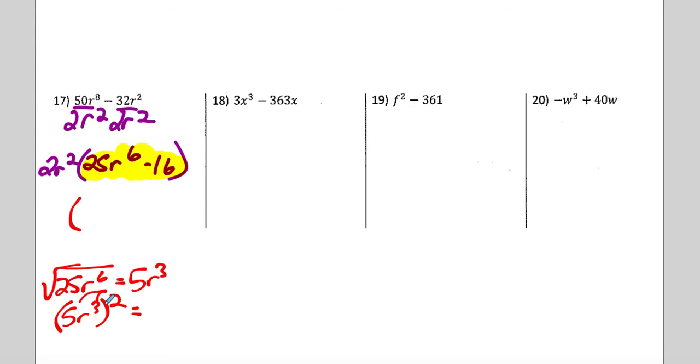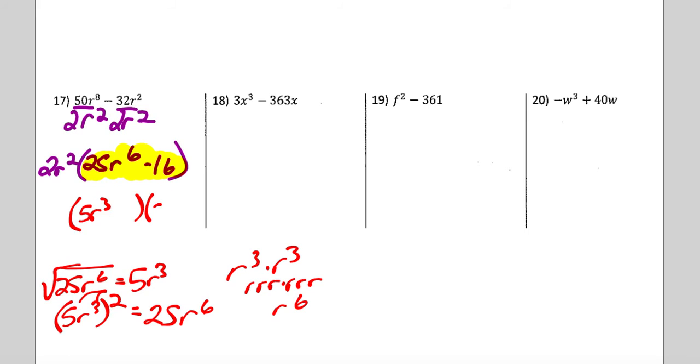But remember here, when we're taking an exponent to an exponent, we multiply the exponents. So 5 to the second power is 25. R to the 3rd to the second power is r to the 6th. If you don't like that, think about it as r to the 3rd times r to the 3rd. You've got 3 r's times 3 r's, that's r to the 6th. So long story short, 5r to the 3rd is the square root of that first term. Then we're going to have minus 4 and plus 4, or vice versa. Don't forget your GCF.